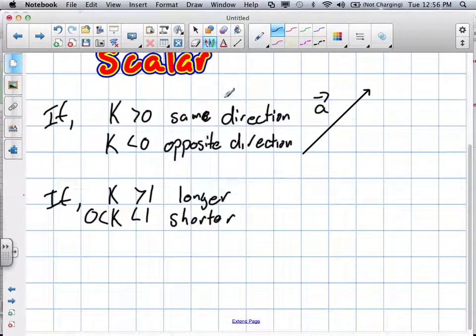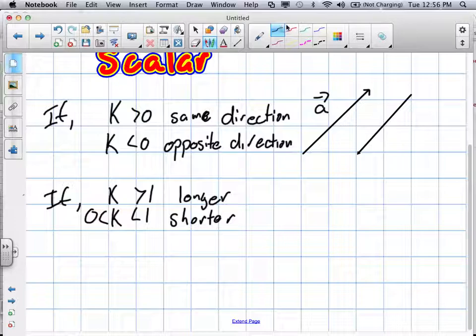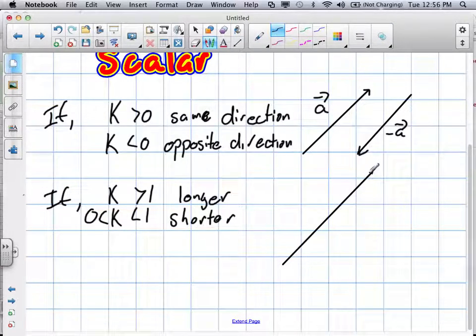It's a shorter vector. So what we mean by that is our A would be negative, obviously. This gives us our negative A. It's going in the opposite direction of the vector before. In this case, let's do this vector. We're going to call this 2A.